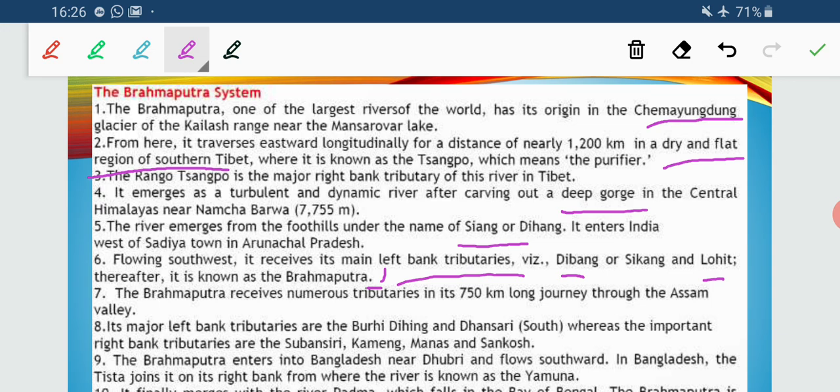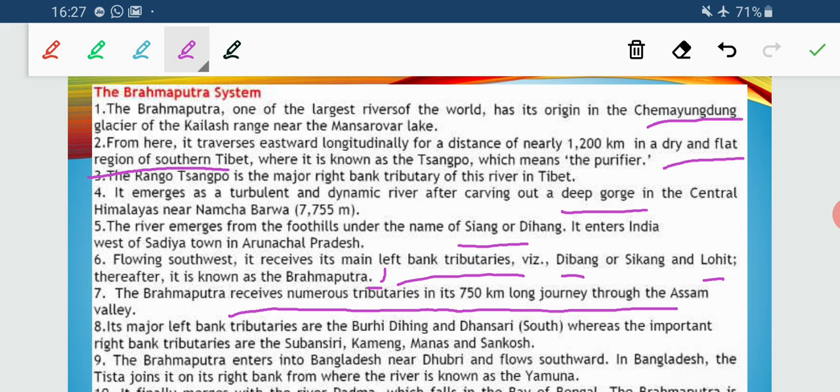Now Brahmaputra receives numerous tributaries in its 750 kilometer long journey. So what is the total length of Brahmaputra from entering Assam through the entire Assam? It is 750 kilometer.